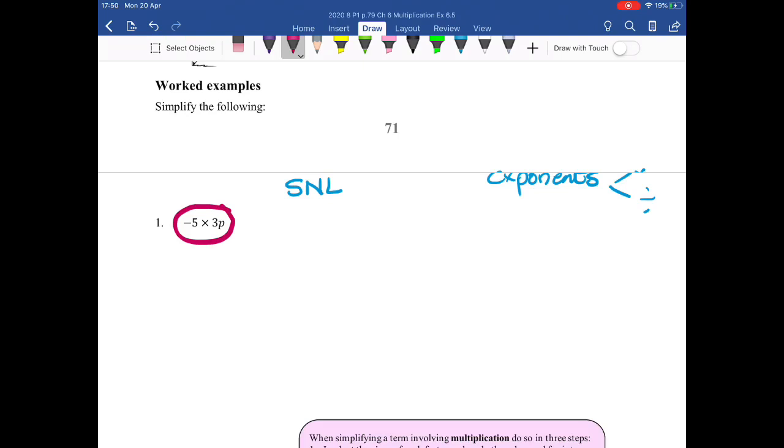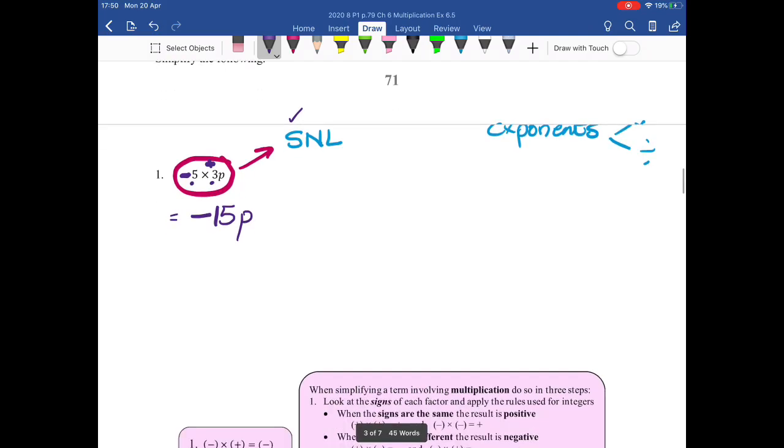That is one term. So as soon as I have one term, I'm going to go signs, numbers, letters. I have a negative multiplied by a positive, so my result is going to be negative. Signs done. Then I do my numbers. 5 times 3 is 15, and I only have a P.